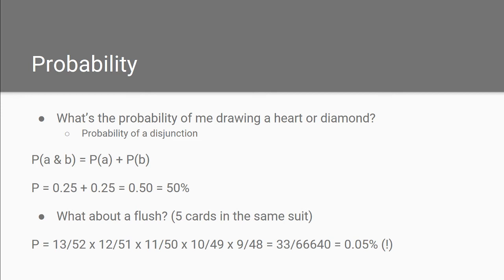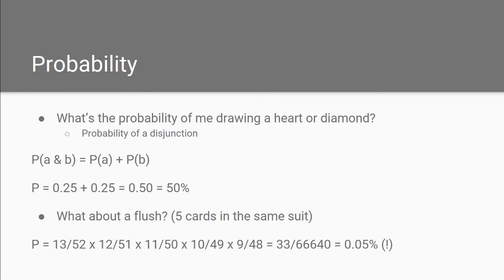So the chance of me drawing any one suit is 1/4, 13 in 52, so that's a 25% chance. Here we just add up the two probabilities for hearts and diamonds: 25% chance of drawing a heart, 25% chance of drawing a diamond. That's 50%.